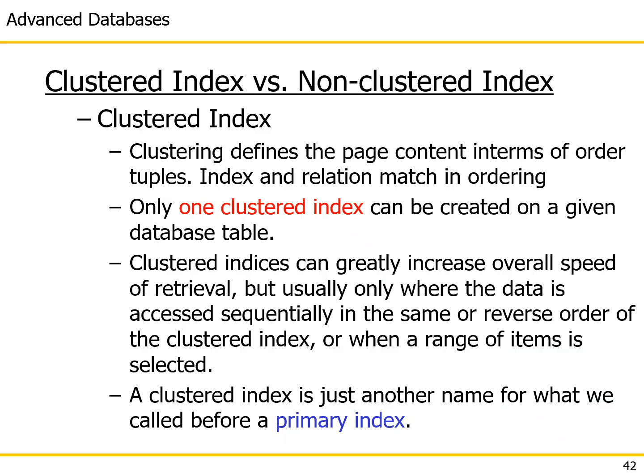Now, there's one thing here. Remember when we discussed primary indices, we said that primary indices, compared to secondary indices, will always be a little bit more efficient in one aspect.